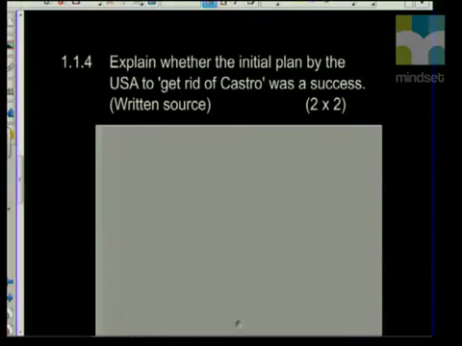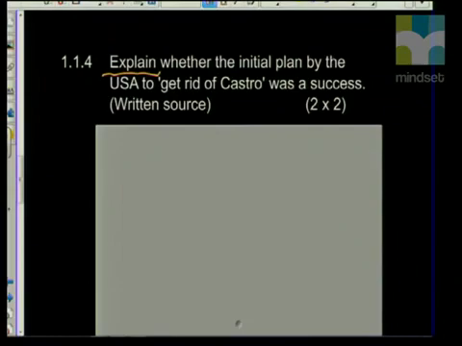Because if you say describe, define, explain, we're asking you to do different things. Don't forget that. Okay, so you need to explain whether the initial plan by the USA to get rid of Castro was a success.